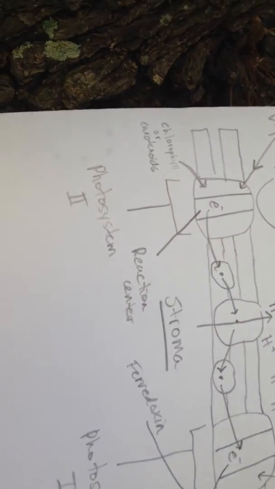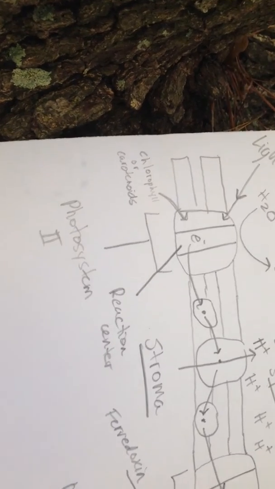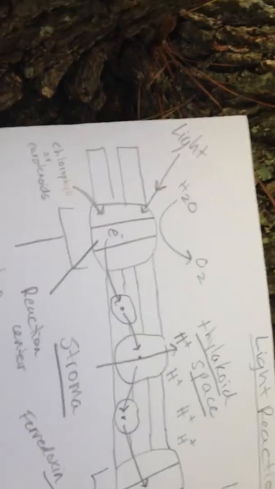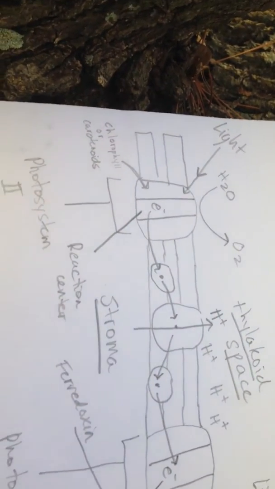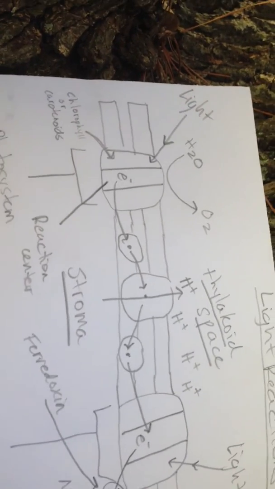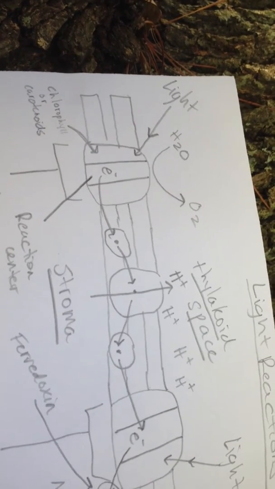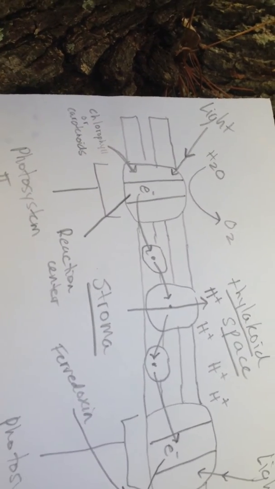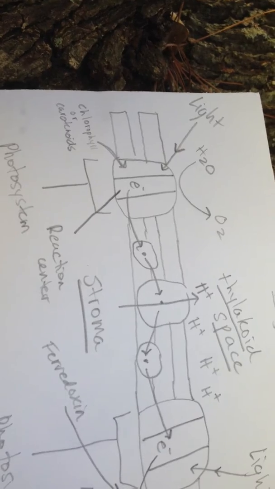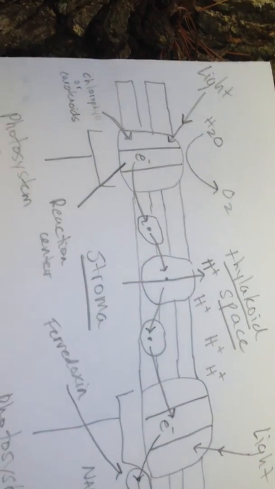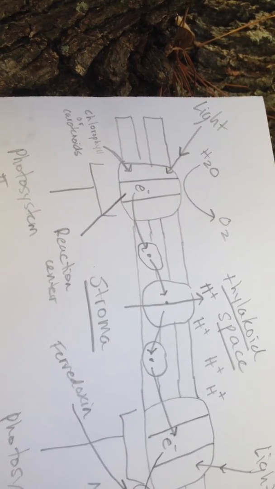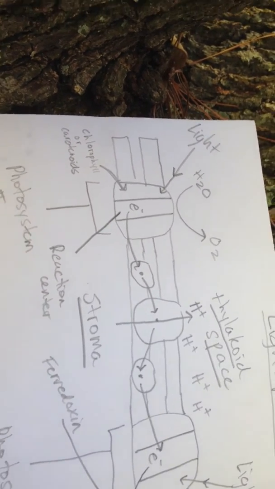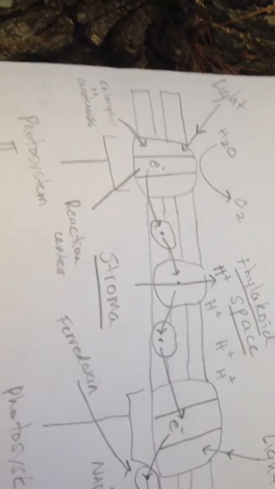Now if we go back to photosystem 1, we talked about the chlorophyll electrons getting excited. And when that happens, it's going to split a water molecule into oxygen, and it does this to have a higher concentration of hydrogen molecules on this side in the stroma.